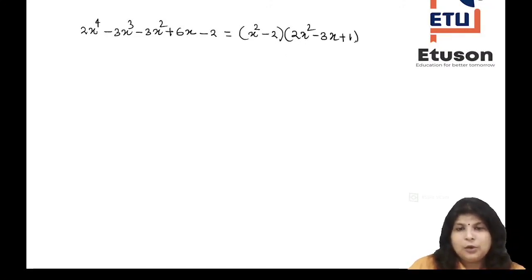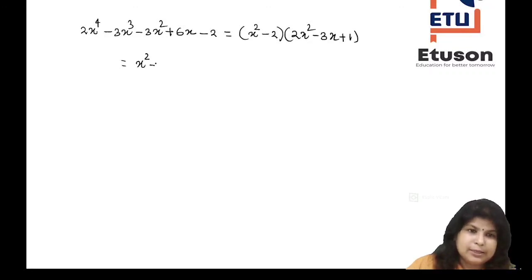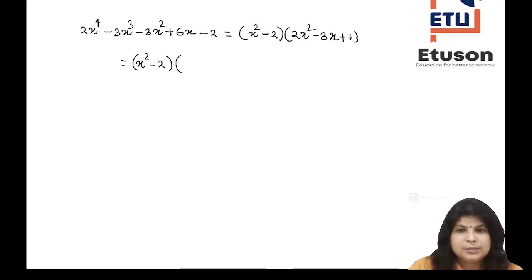Now what you have to do is factorize this particular quadratic polynomial by the splitting the middle term method. So I'll write it in this form: x square minus 2, now 2x square minus 3x plus 1. When you multiply, it is plus 2. When you add, it is minus 3.